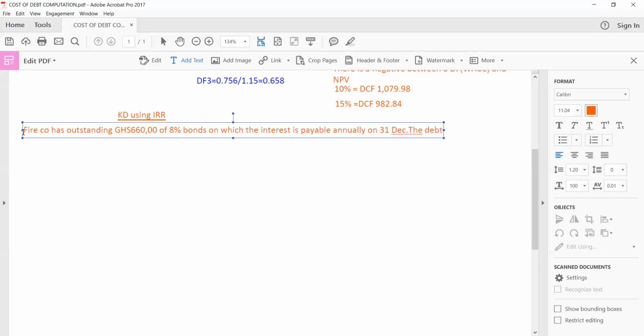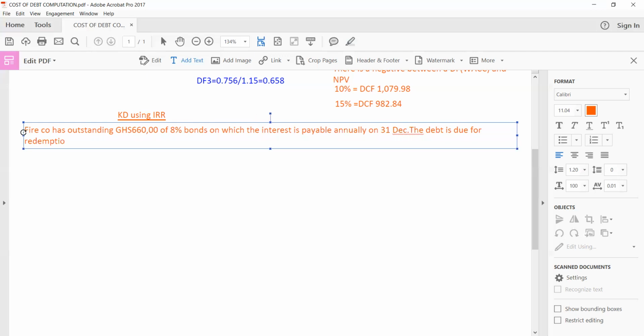The debt is ready for redemption at par on first January 2016. Let's put it that way, 2016.